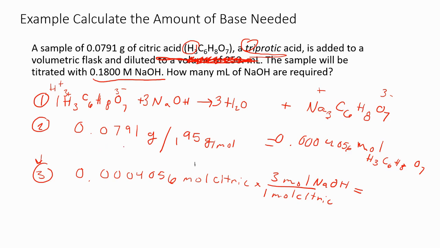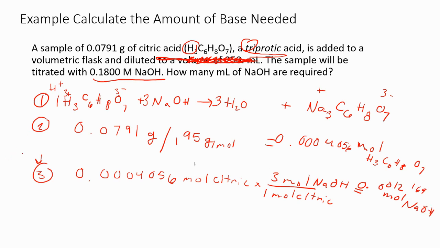As you get going, if that makes more sense to you, that's fine. Do that. If that doesn't make sense, then I would probably do the long way, just to make sure you are getting the process. Okay, so then this times 3 is 0.0012169. This is moles of sodium hydroxide now.